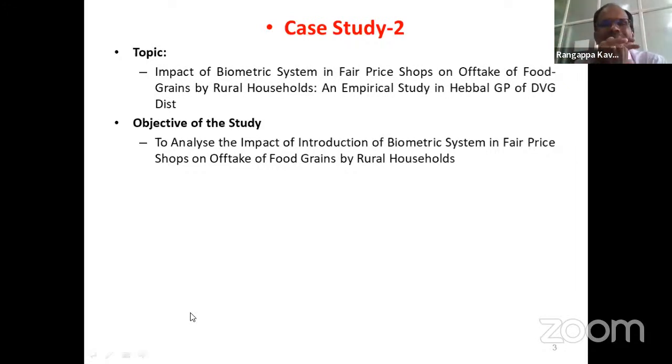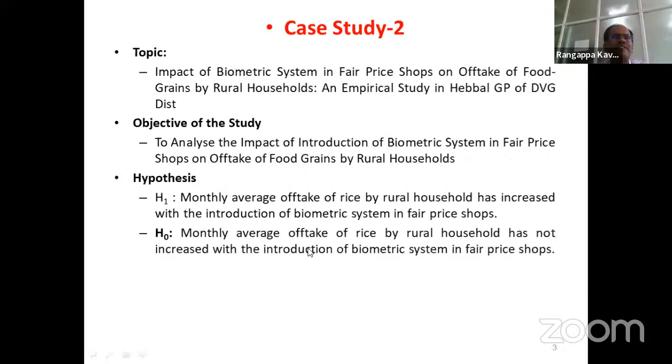In this case, we have to take the uptake of food grains before the introduction of the biometric system and after the biometric system. So I am putting this hypothesis in a little different way.